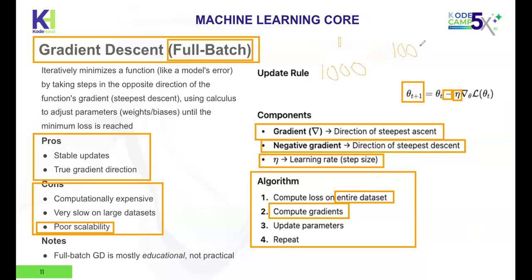Okay, let me just make the numbers different. So you have 2,000 rows, and then you have 1,000 parameters. That is your W's and B's, right, are 1,000. But your data points, your Y's, Y1 to Y2000, there are 2,000 Y's, so there are 2,000 data points you want to train on, okay?